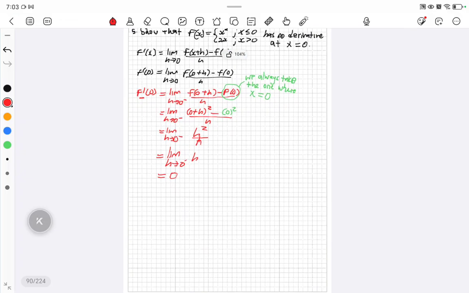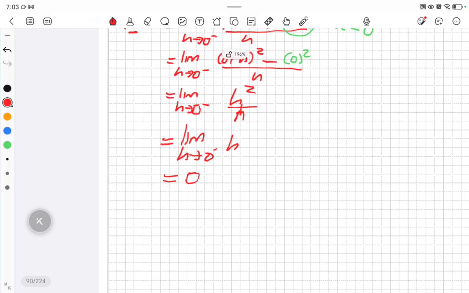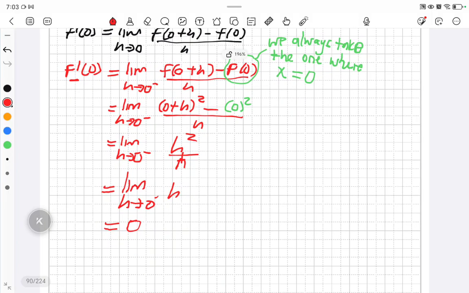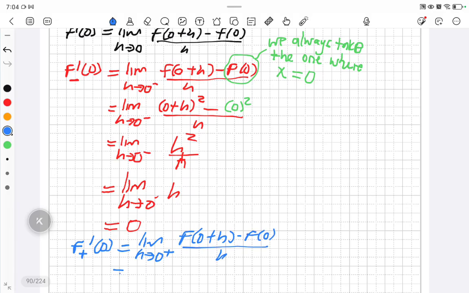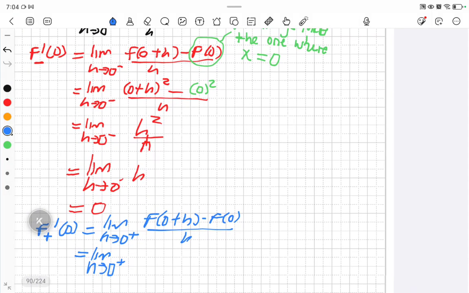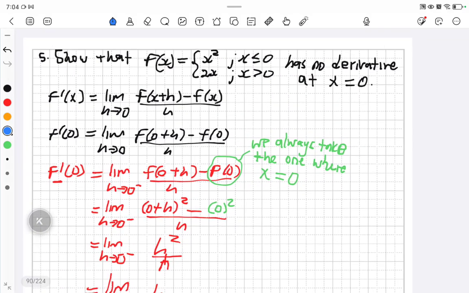And then now we can approach it from the right. You see? Now we can approach it from the right. We have f prime of 0 from the positive. And this would be equal to the limit as h approaches 0 from the positive of f of 0 plus h minus f of 0 all over h. So the one that is approaching from the positive is 2x.